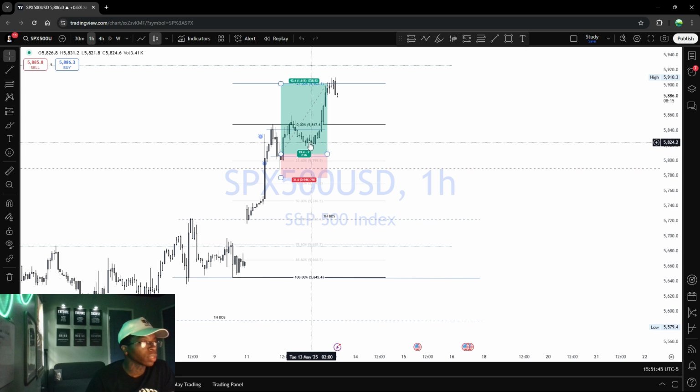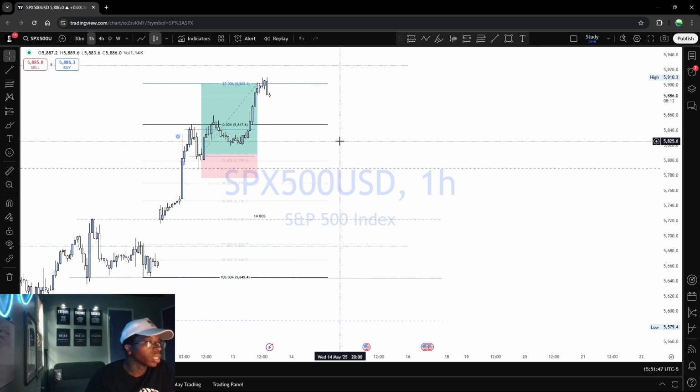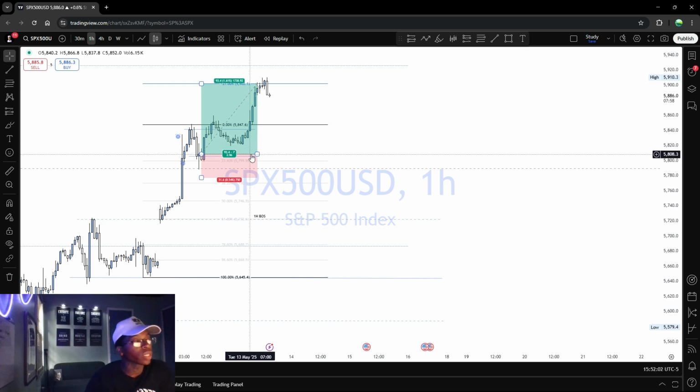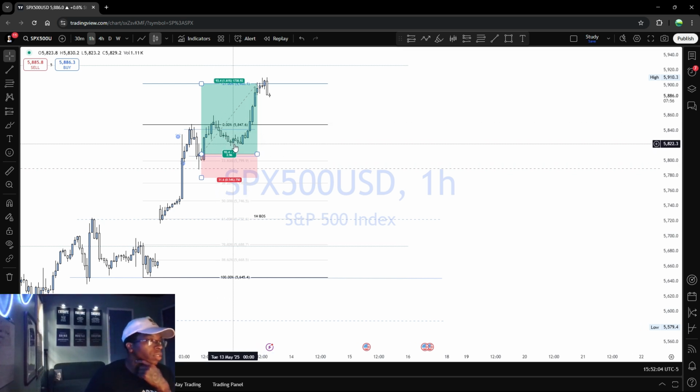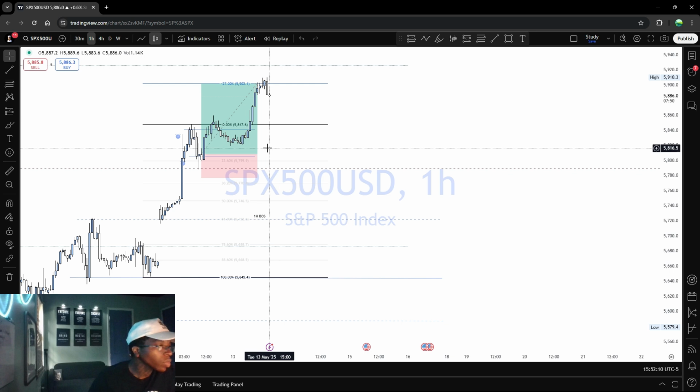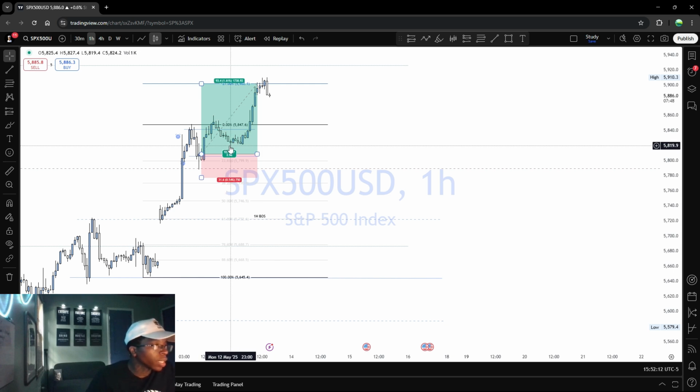Right here was another potential area for entry. We got that impulse to break above, letting us know price is going to continue. Of course, a correction comes after impulse. Price could have continued up, made the move immediately, but what it did was push up, got our impulse, our correction, pulled back to the 50%, and then price started to push up to this overall take profit.